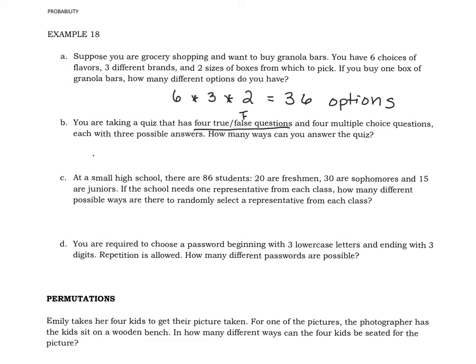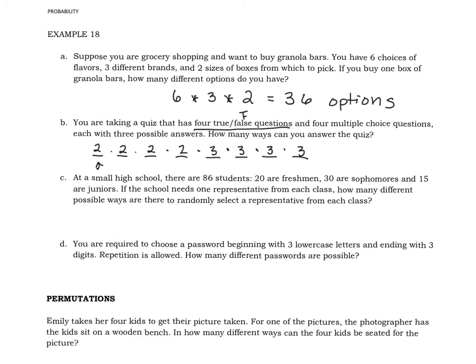So we have 8 questions. You only have 2 ways that you could answer those true-false. And then you only have 3 ways you could answer the multiple choice. Just because you answered true on question number 1 doesn't mean you can't answer true for all of them.